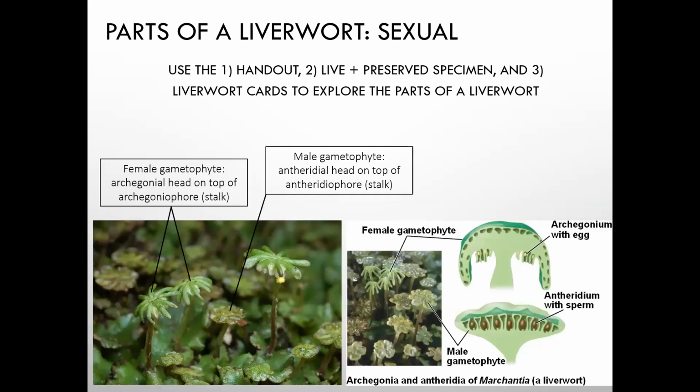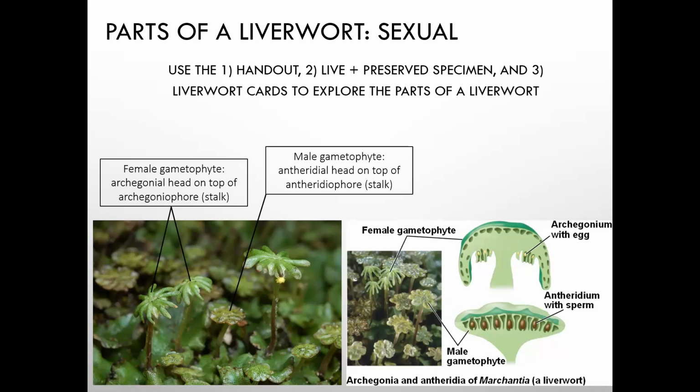And again, liverworts also have sexual reproduction, which is accomplished through the use of these structures known as the archegoniophore and the antheridiophore, which are the female and male stalk-like structures growing out of the thallus. And on top of the archegoniophore and antheridiophore are the archegonial head or antheridial head.